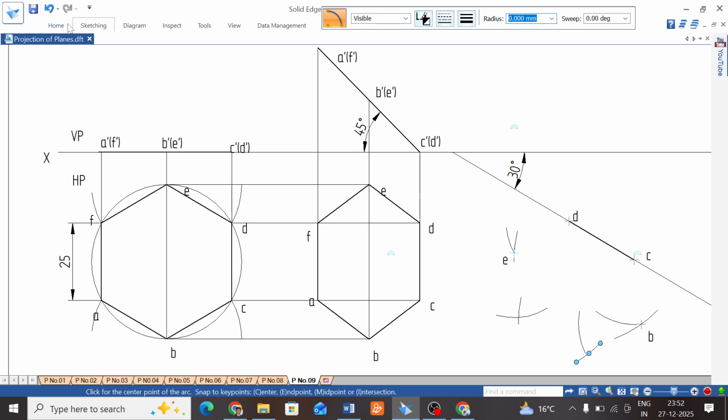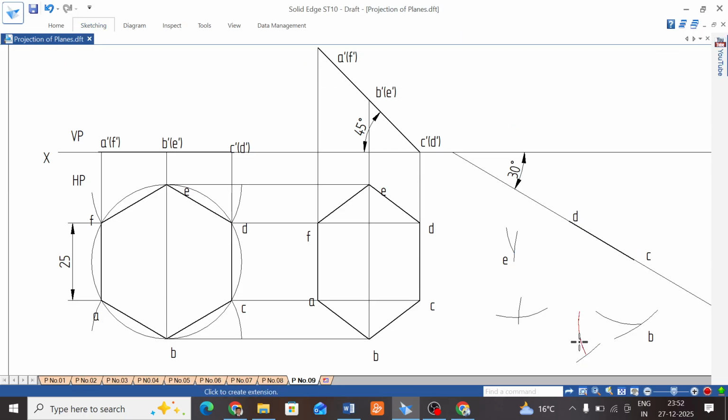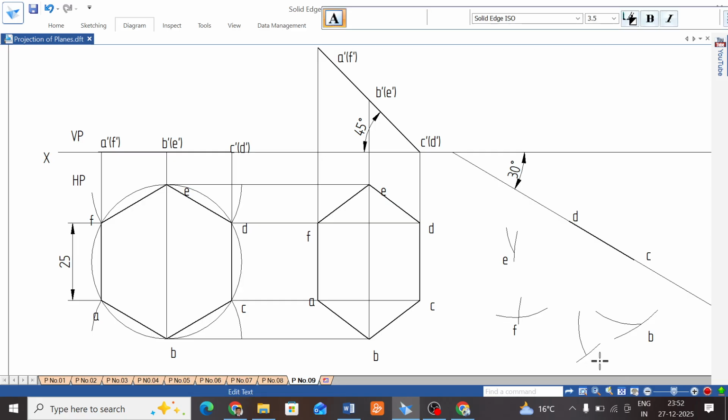Now you are getting those two points, F and A. Name those points. This point is F. This is our A.